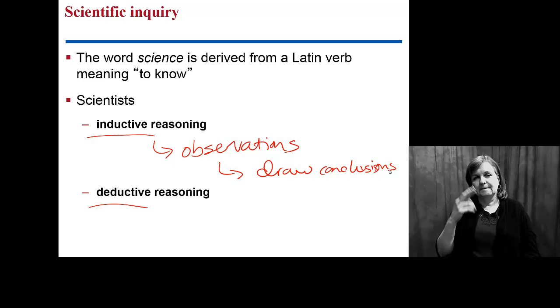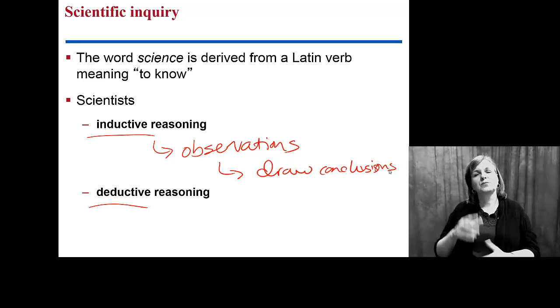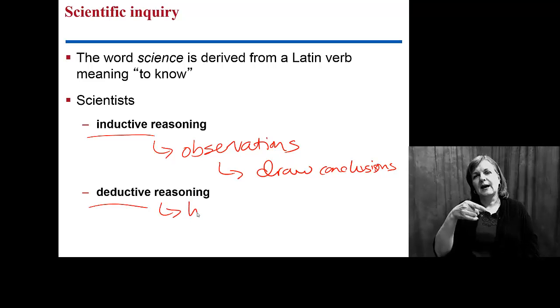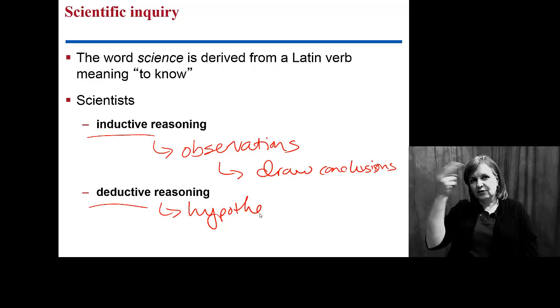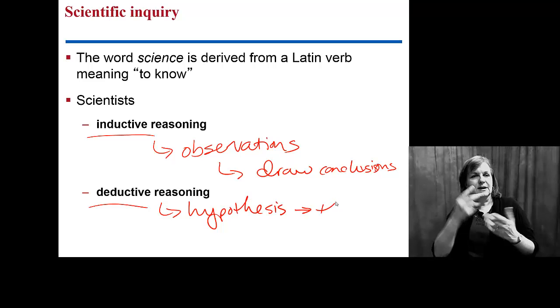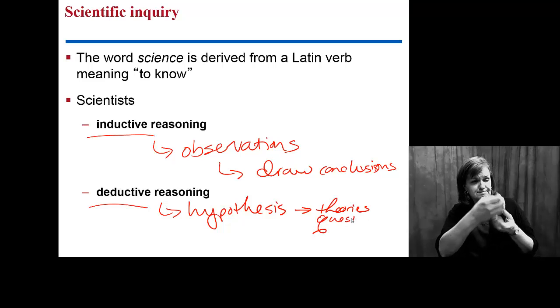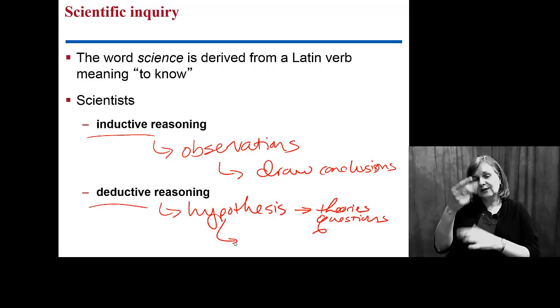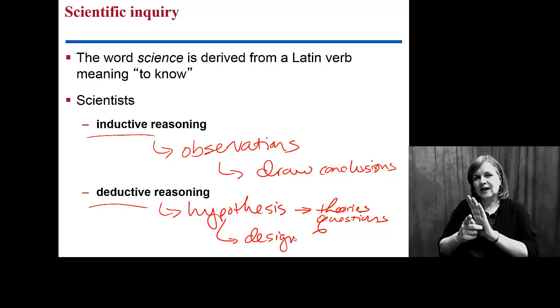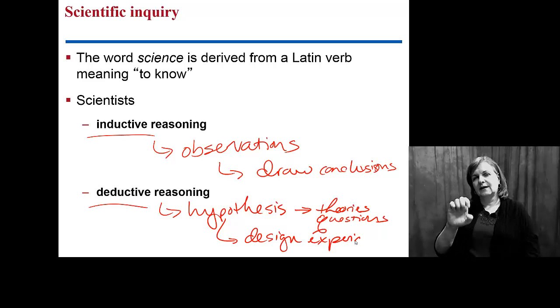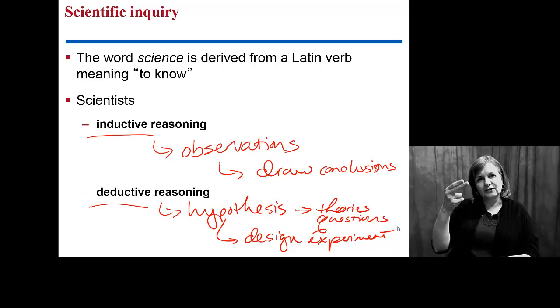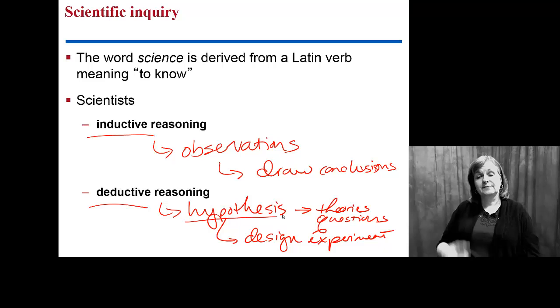Deductive reasoning, however, we start to look at building what we call a hypothesis based on many theories and questions. And from that, we're going to actually design an experiment to accurately and adequately test that hypothesis.